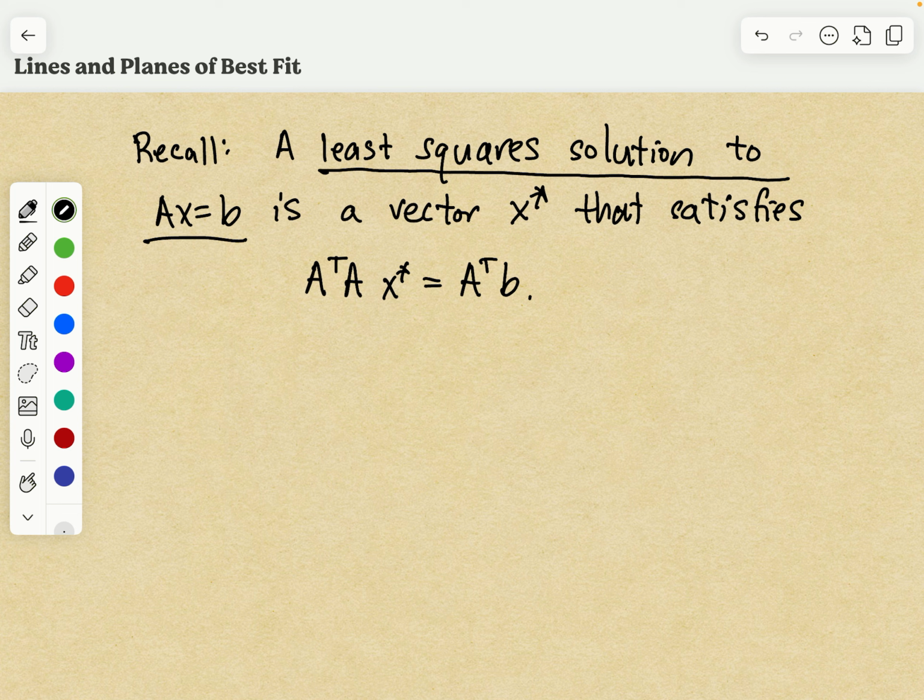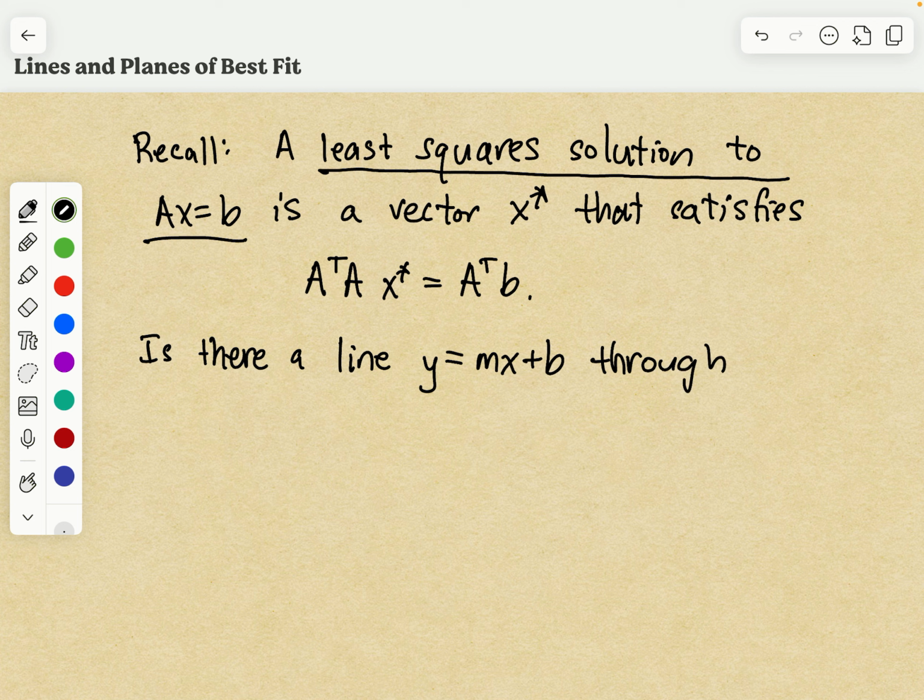And in this video, we're going to apply that to lines of best fit. So let's take a look at an example. The question is, is there a line, with equation y equals mx plus b, that goes through the points (1, 1), (2, 2), and (3, 4)?